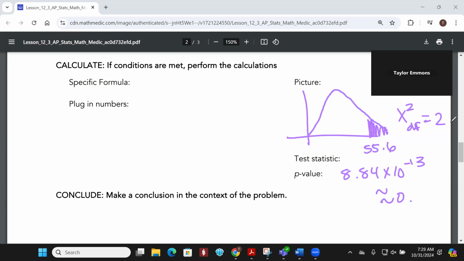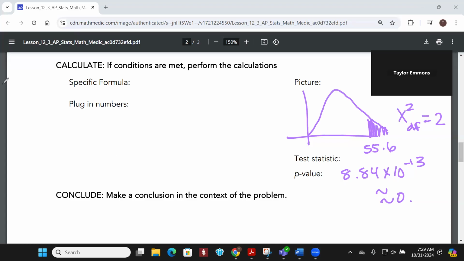Big fan of the calculator. I don't think I've ever used the table. So use your calculator: menu, statistics, distributions, and then you go from there. Are you ready?